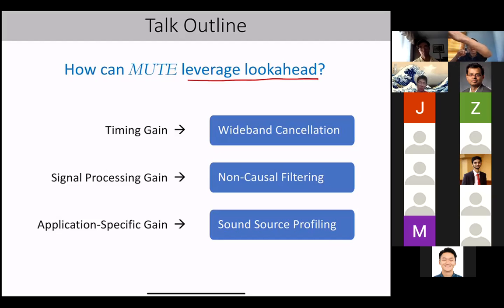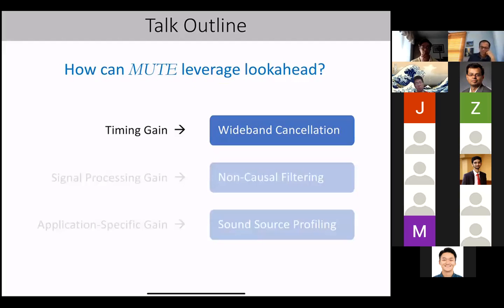But once Susan starts talking, the channel has changed. So now your noise cancellation headphone has to redo gradient descent to find out the new W vector, right? But when it's redoing this new estimation, your noise cancellation is not perfect. Okay? But if you have look ahead into the future, you can do better stuff. Any questions thus far?